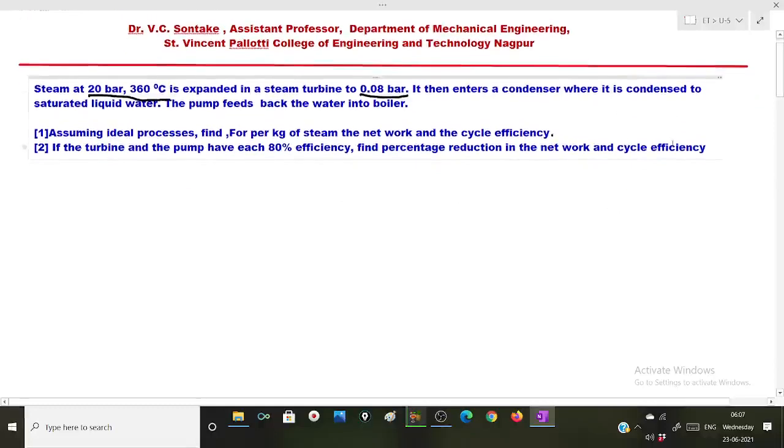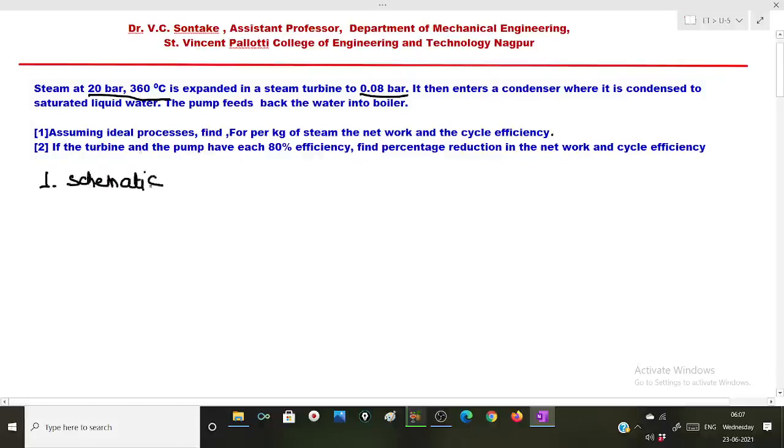In order to solve this numerical, let us first represent the ideal as well as actual Rankine cycle on the TS, temperature entropy, and enthalpy entropy diagram.